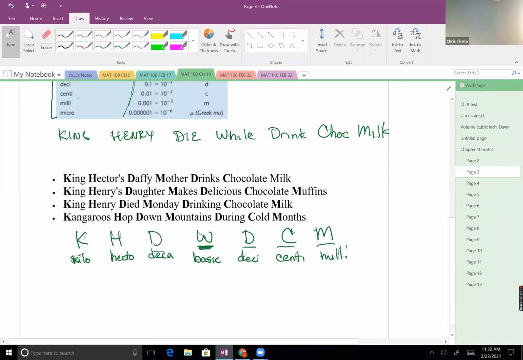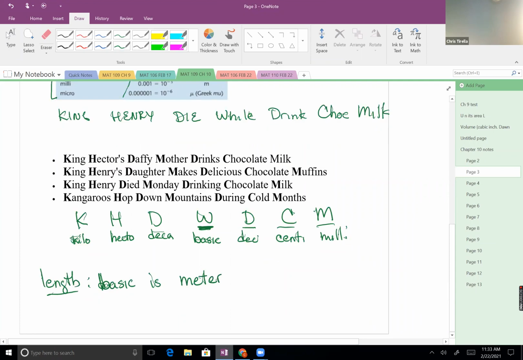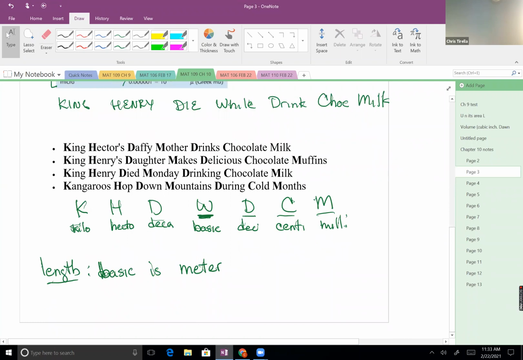And so, for example, if I were looking at length, the basic unit is a meter. And so if I wanted to say 2.3 centimeters is how many meters, I would go up to my chart with the abbreviations.